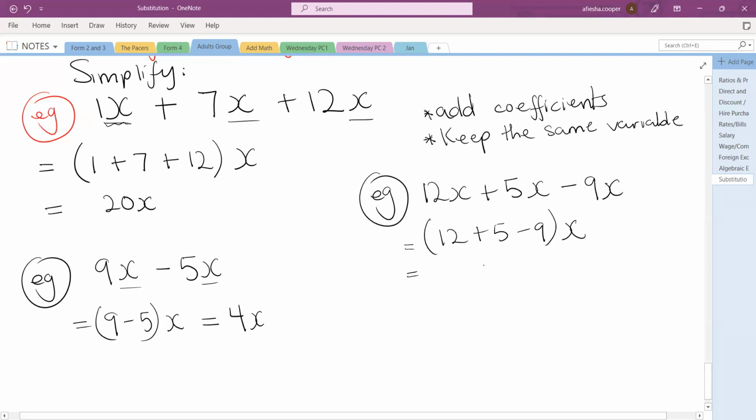How would we go about working this out? Regular addition and subtraction, right? So 8x, we say 12 plus 5 is 17. 17 minus 9 is 8. And we put back our same variable.